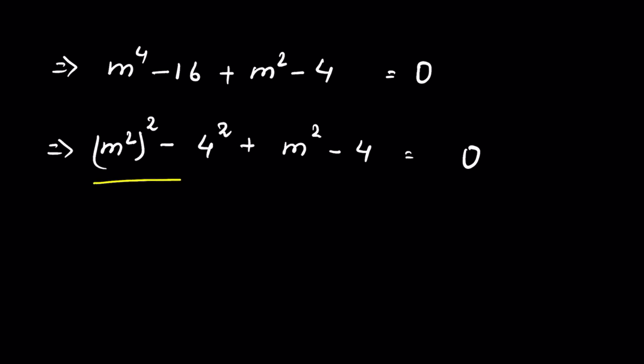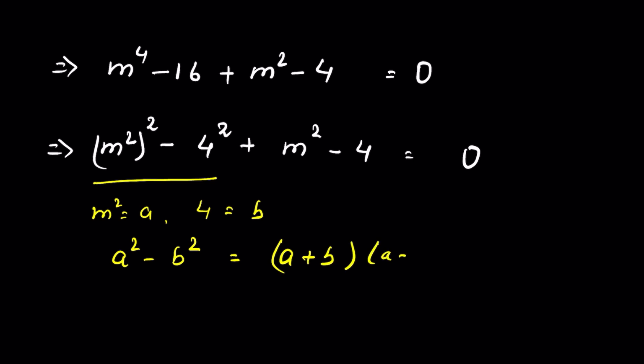Now if you consider m square as a and 4 as b, then this is in the form of a square minus b square, and this is called difference of squares. You can write it as a plus b times a minus b.